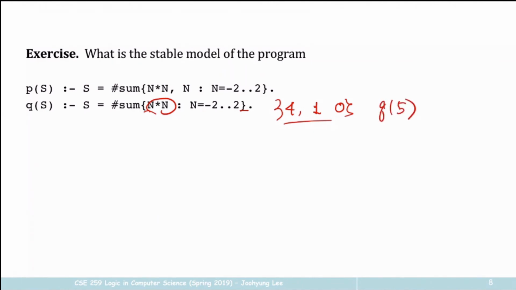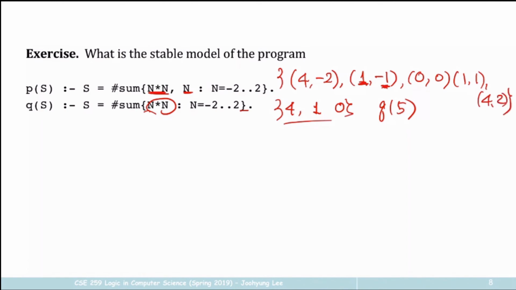What about P of S? In P of S, we actually have the tuple. So the first one is 4 when n is -2, and 1 when n is -1. Look at this, I have n times n, comma n. So this is what I write: 0 times 0, 1 times 1, comma 1, and 4, comma 2. Now note here that unlike the previous case, the second element distinguishes.